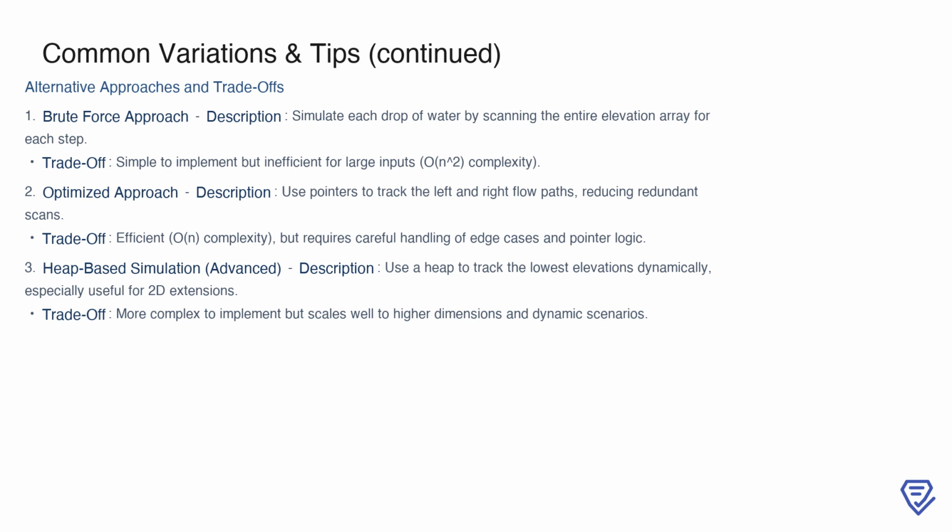However, this method requires careful handling of edge cases and pointer logic. For more advanced scenarios, especially in 2D terrains, a heap-based simulation can be used to dynamically track the lowest elevations. While this is more complex to implement, it scales well and is particularly useful for higher dimensional or dynamic problems.